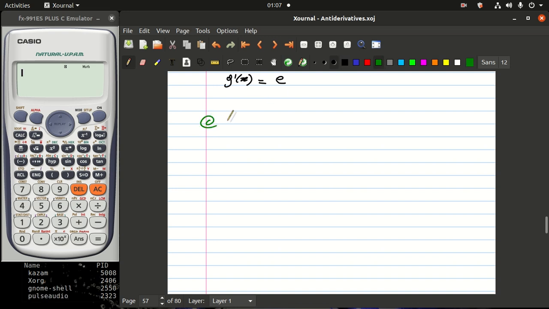Let's go to number c. What is number c saying? Number c is saying we have g of x, and g of x is moving from 3 up to x squared minus x of e to the t dt. What we want to do here is very simple. I want to have d dx on both sides of g of x.